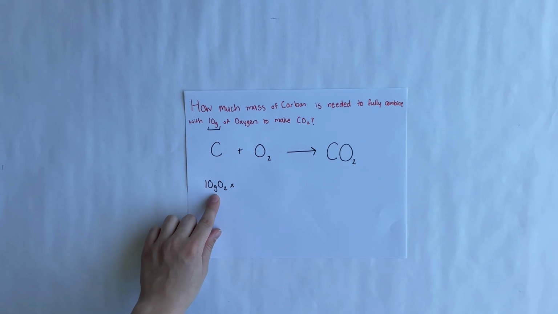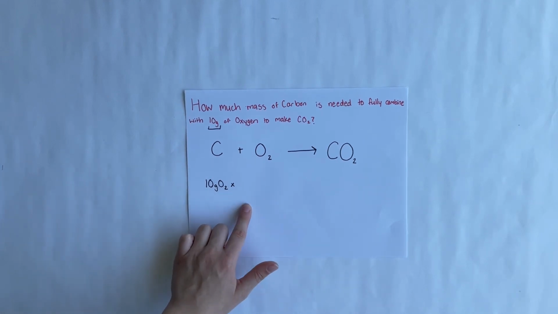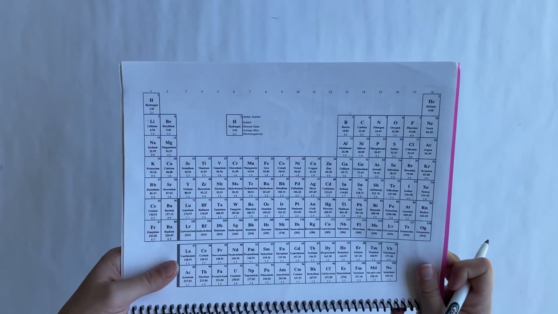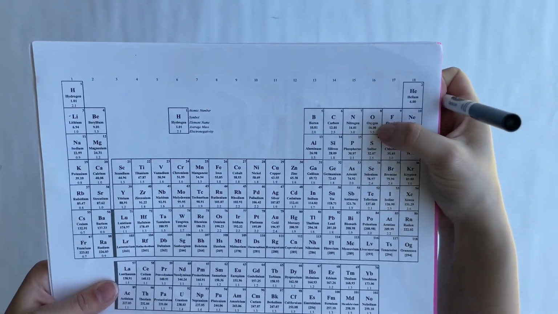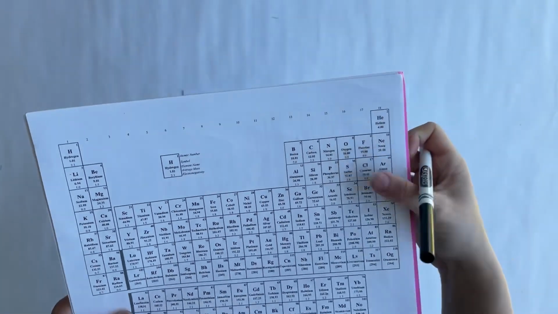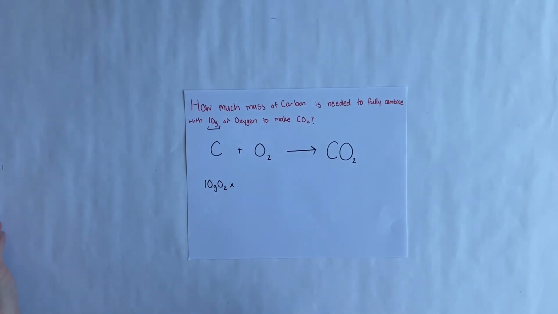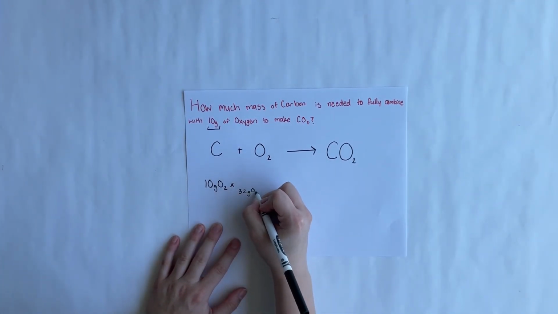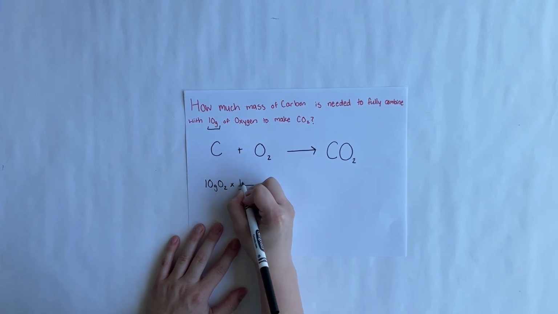So since grams is here, it's now going to be in the bottom of the next one, and you're going to figure out the molar mass of O2. If you take the periodic table, oxygen's number is right there, and you see that it's 16, but since it's diatomic, the molar mass is 32. So 32 grams of O2 over 1 mole.